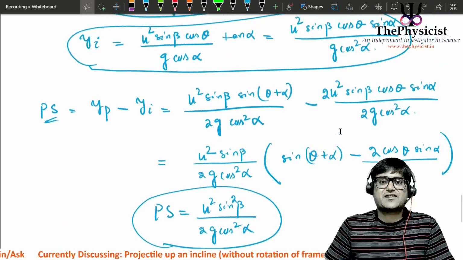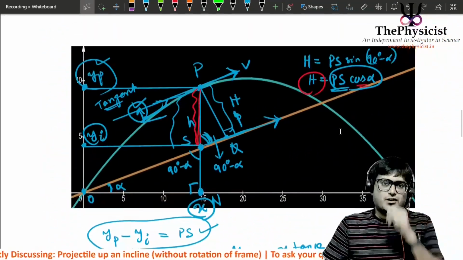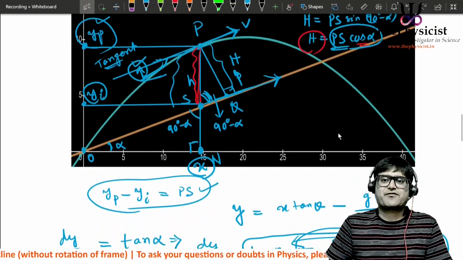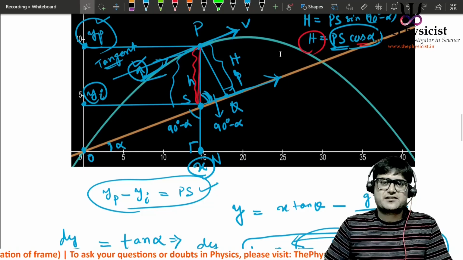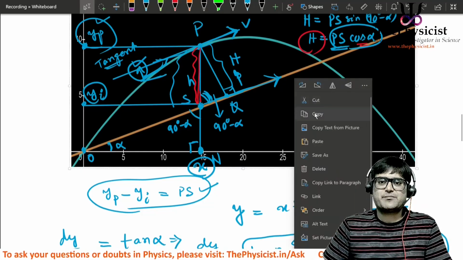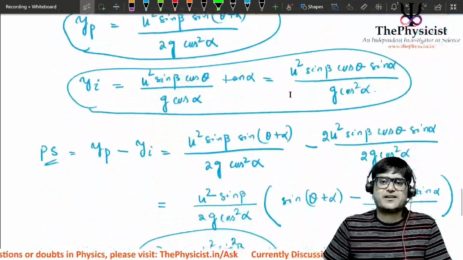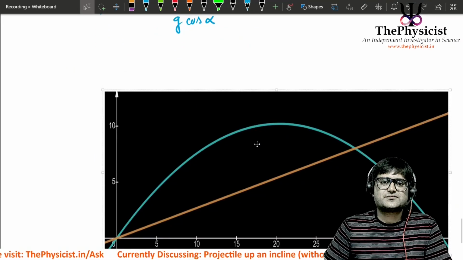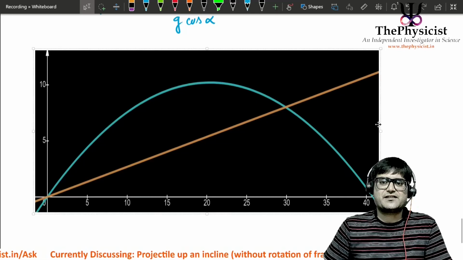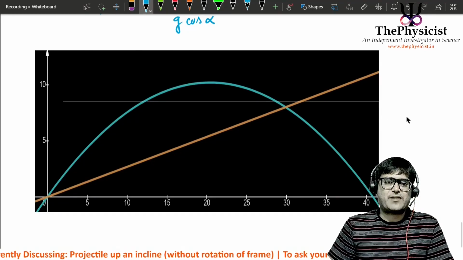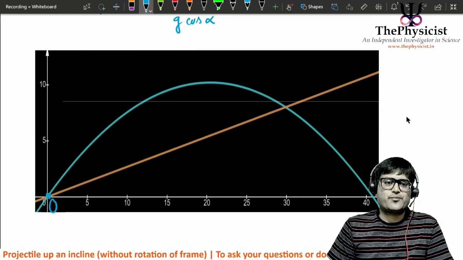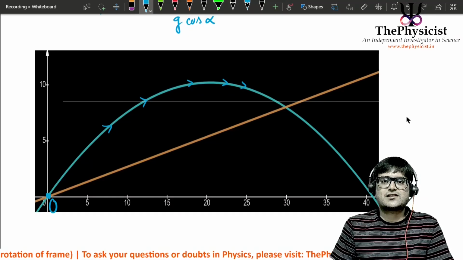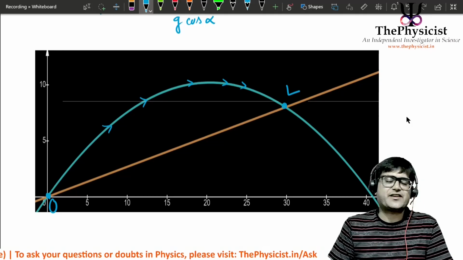But let's understand one thing from this diagram. Let me explain what I mean by the time of flight by repeating the same image here. Look at this image again. What is the time of flight? The particle starts from this point O. It takes this path, goes on like this, and eventually reaches L, and then it stops moving.